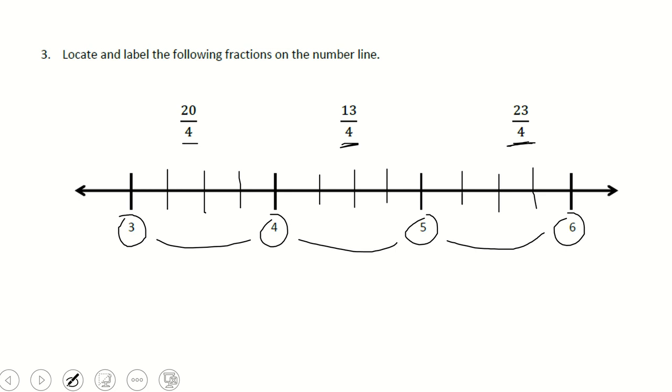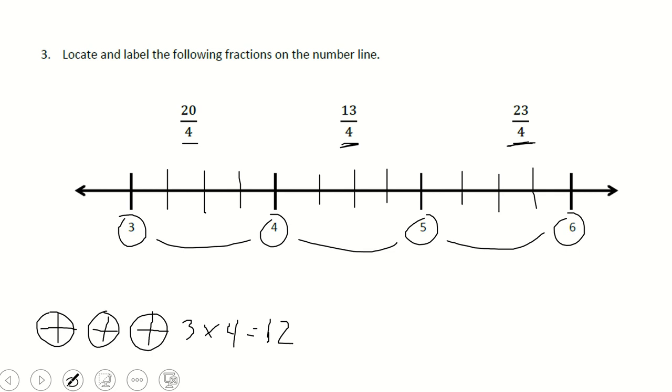Now, if I look at 3, I need to find out how many fourths are in 3 wholes. Well, if you want, you can draw your picture. You can draw 3 whole circles, divide them into fourths, and you could either count them, or you could say, well, if I have 3 groups of 4, that's the same thing as 3 times 4, which is equal to 12.